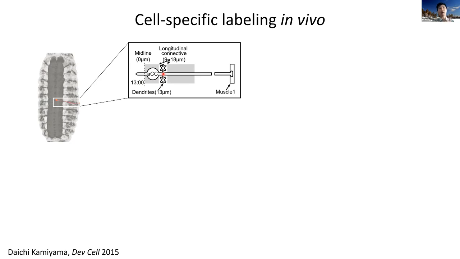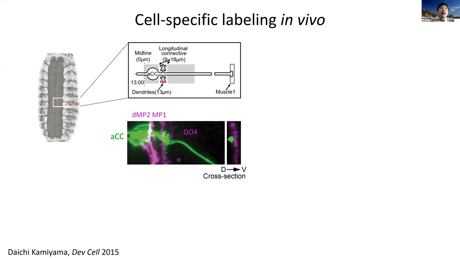So this is very precise in time and very precise in space. When trying to figure out exactly what's sending the spatial signal, he noticed that the position is exactly the same location where the ACC motor neuron is crossing the MP1 neuron. This is the confocal image of the two neuronal projections.